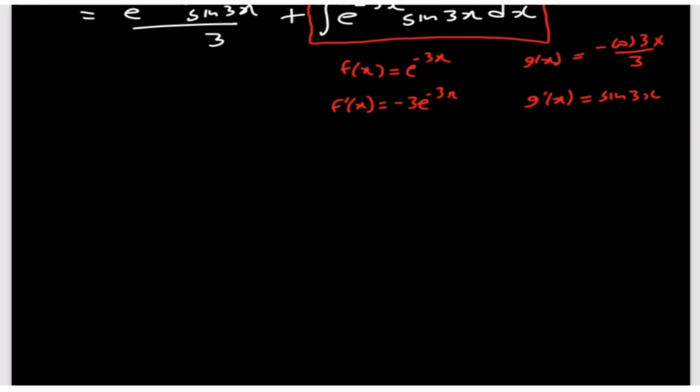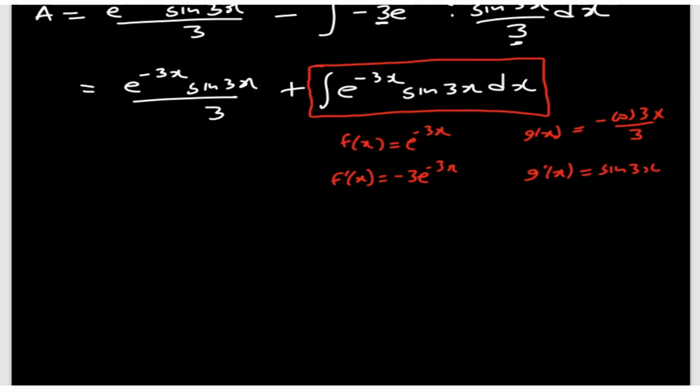Now the answer, don't forget, this is still A equals e minus 3x sine 3x over 3 plus the integral. Now I don't have to open bracket because it's plus, so nothing will be affected. So plus e minus 3x times cos 3x over 3, which is f of x times g of x.